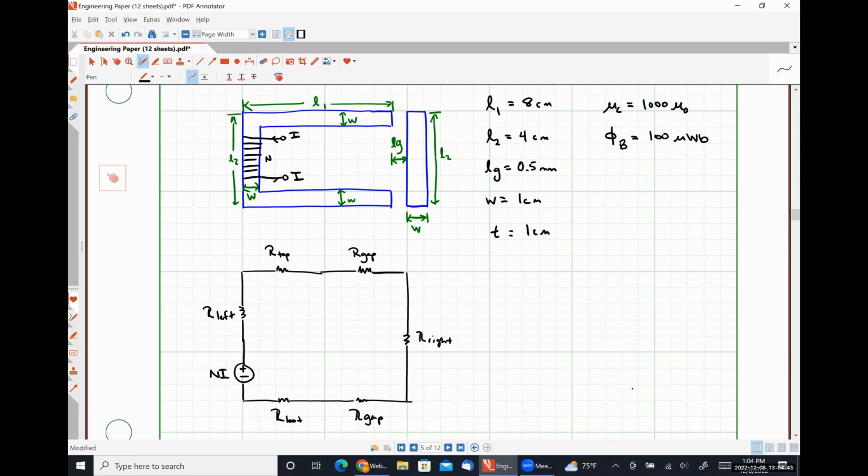Okay, nothing particularly wild or crazy there. Because all parts of the beams have the same width and all of them have the same thickness, they're all going to have the same areas, but there are two different lengths involved, which means we're going to have to calculate effectively two different reluctances for our core structure, and then one reluctance for our air gaps, and then put it all together, okay?